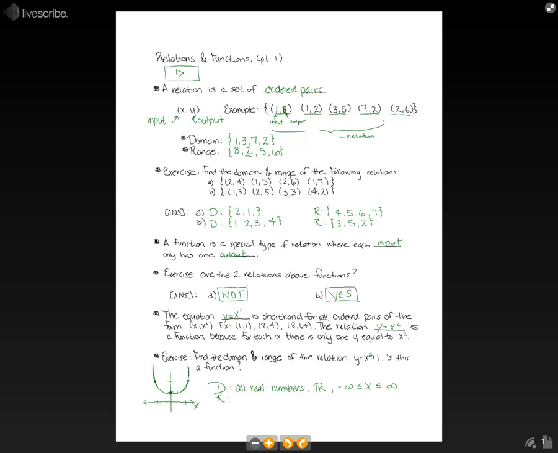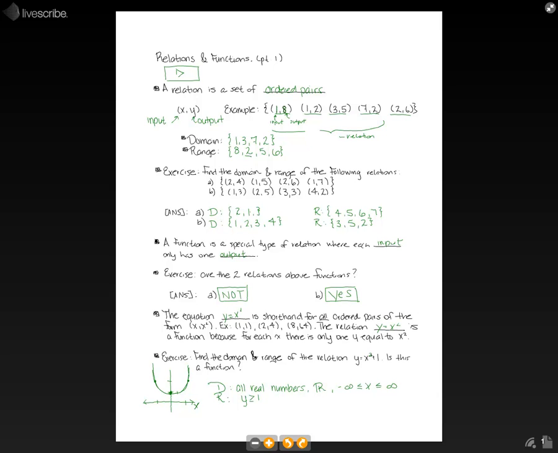For the range, we see that we want to look at the y-axis and see where does this graph exist on the y-axis. Since it goes from 1 up to positive infinity, we can say that our range is going to be y greater than or equal to 1, which basically says it can be any number above 1, but it will never go below 1.